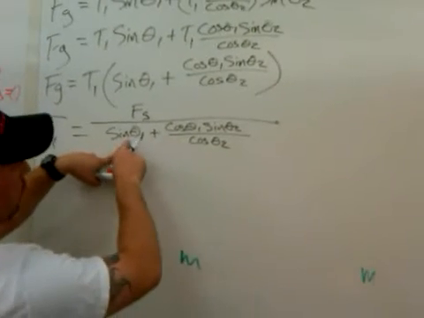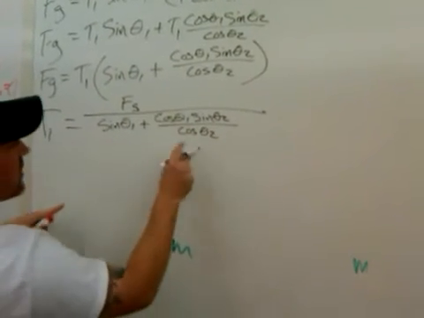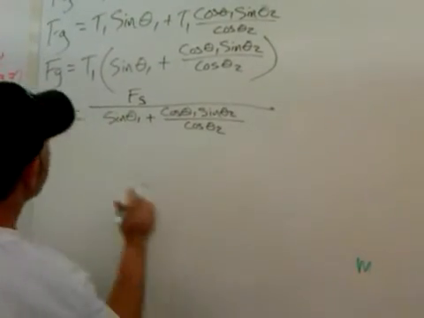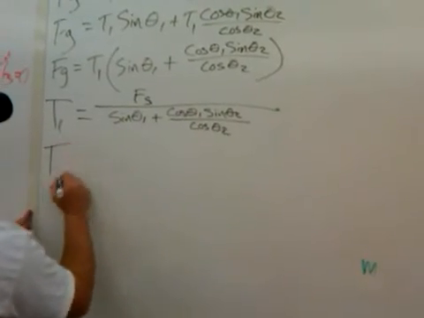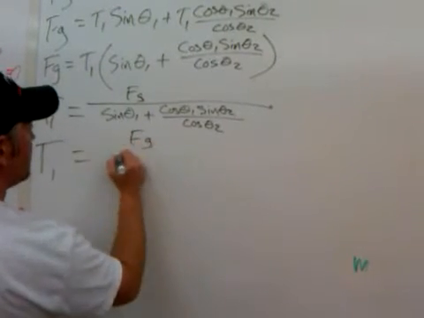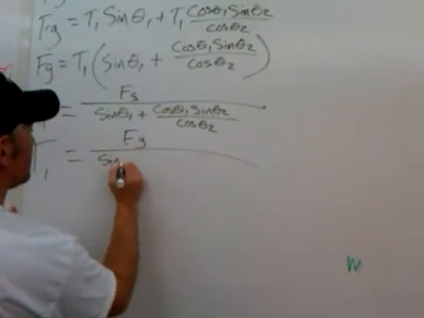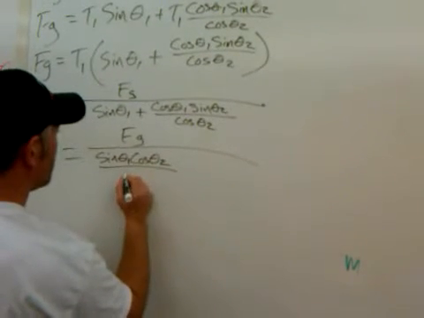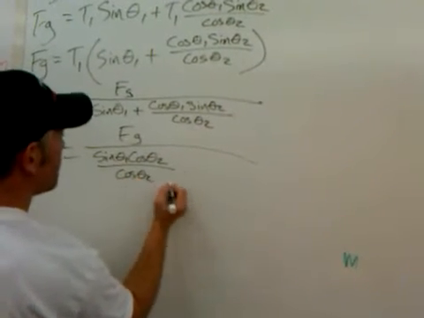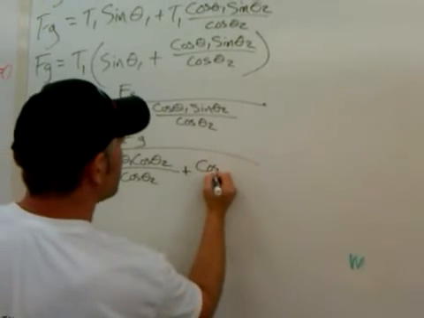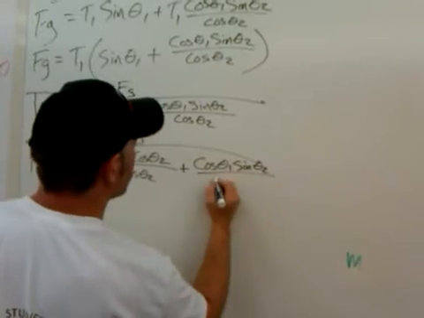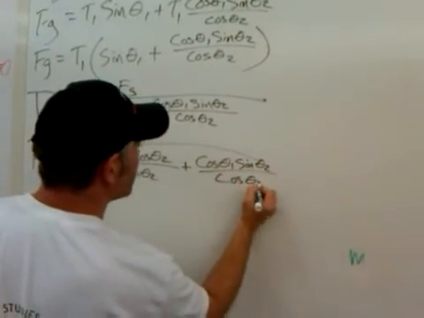I need to get this over a cosine theta 2, so I'm just going to multiply this by cosine theta 2 over cosine theta 2, and I'm going to say T1 equals F sub g over sine theta 1 cosine theta 2 over cosine theta 2 plus cosine theta 1 sine theta 2 over cosine theta 2.